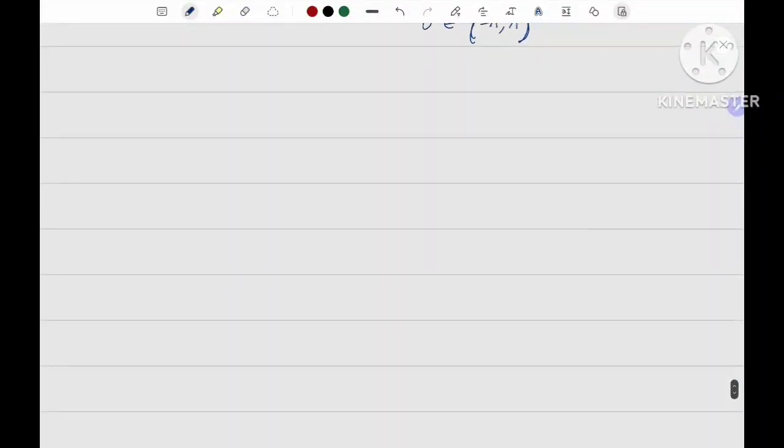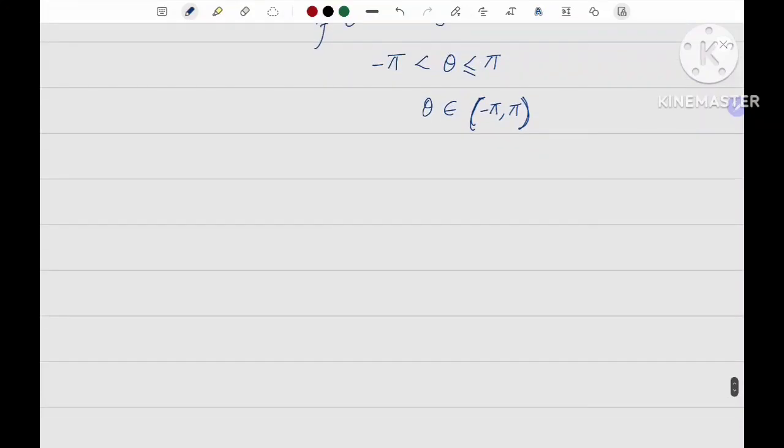Now let us take some examples of powers of i. So let us solve one example.